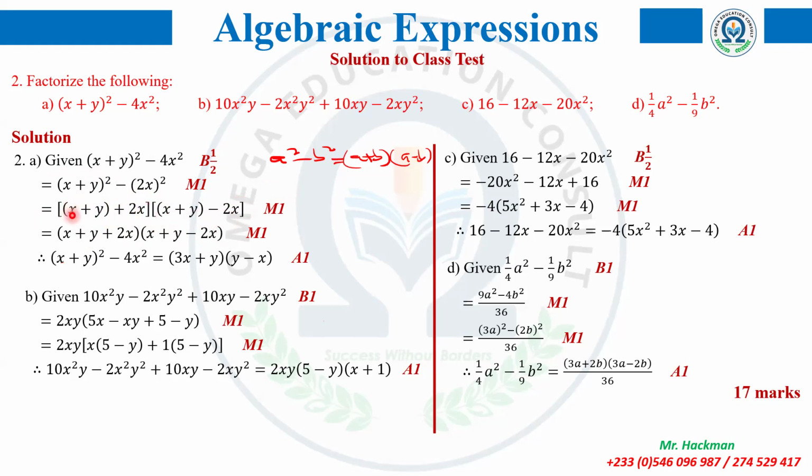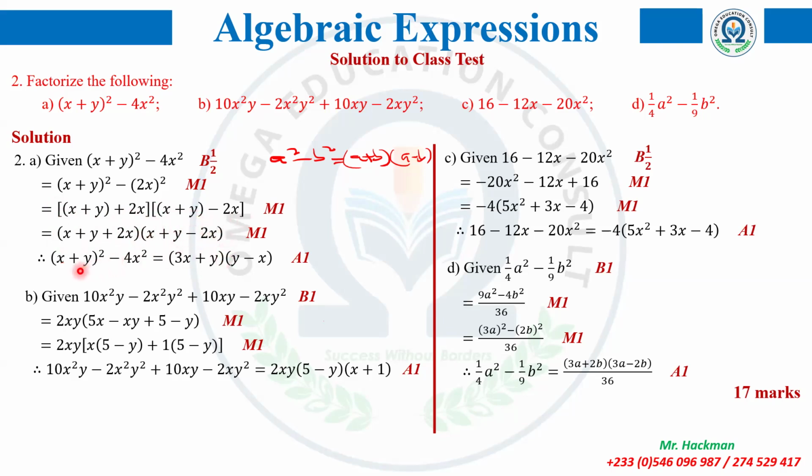If you remove the inner bracket, the outer square bracket will take the form of the ordinary bracket, giving x plus y plus 2x. Then the inner bracket here will also be removed, so this will be your result.